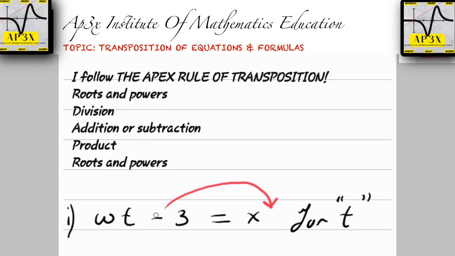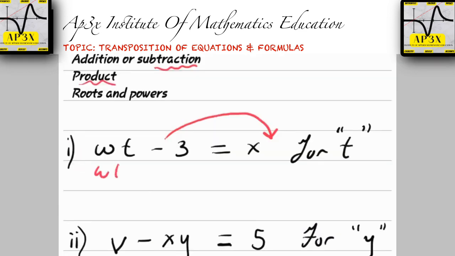So it's subtraction here, then product here. To do this, I'm going to be adding 3 to both sides of the equation. So I'm going to end up with WT is equal to X, and carrying the -3 over, it becomes +3.